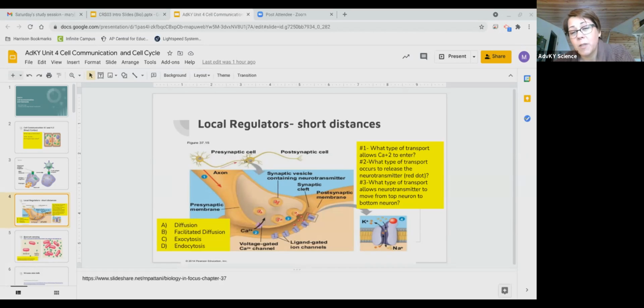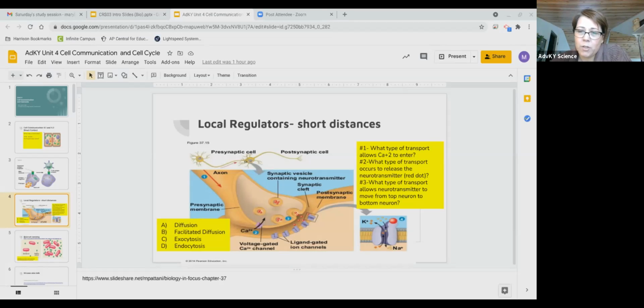And once calcium comes in, that's the signal for these synaptic vesicles. These are membrane-bound vesicles that contain a signaling molecule called a neurotransmitter. When calcium comes in, that's the signal for these to start migrating to the end of this cell, and this will fuse.